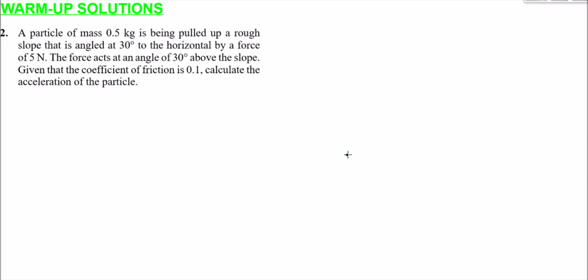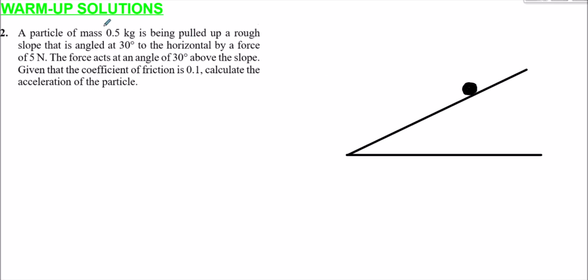So it's a slope. Nice big diagram. Got a particle on there. It's got a weight of 0.5 g because its mass is 0.5 kilograms.